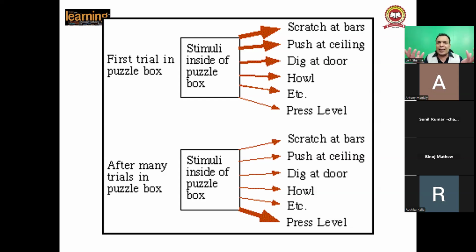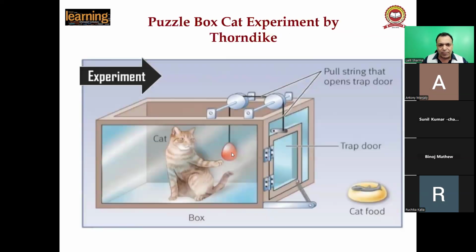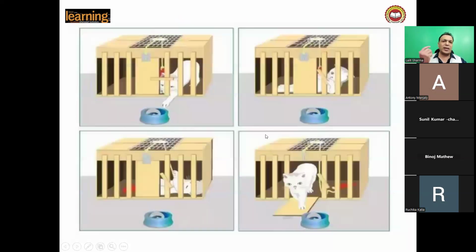It started because the cat was hungry, and the smell of the fish worked as a strong motivation, inspiration to come out of the cage. So ultimately, what happened? Accidentally, the cat pressed the lever. Look, this lever. The paw of the cat pressed the lever. So what happened? Look, the cat came out of the cage and got the reward.